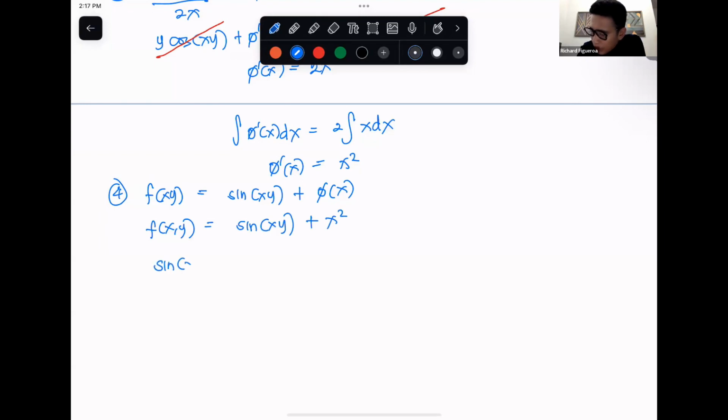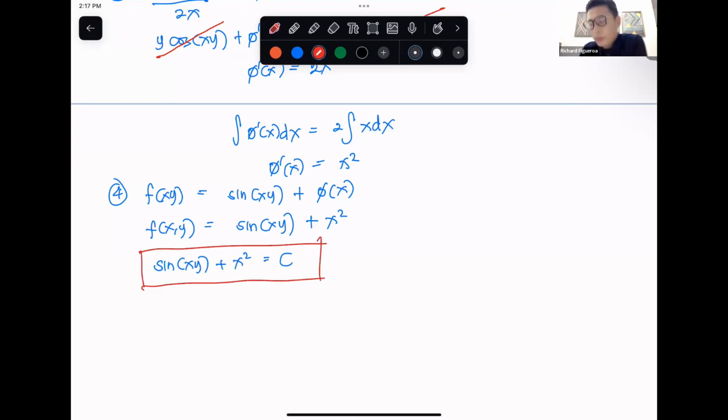So therefore, sine of xy plus x squared is equals to c. And that's it.